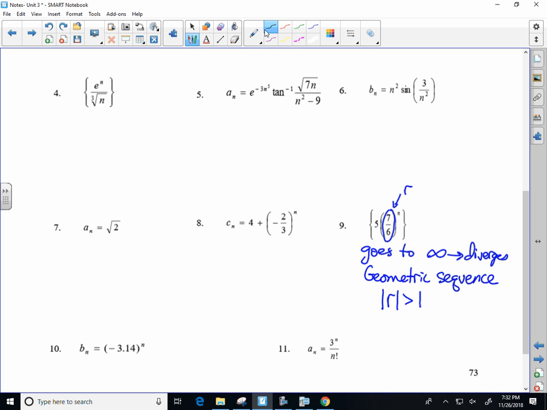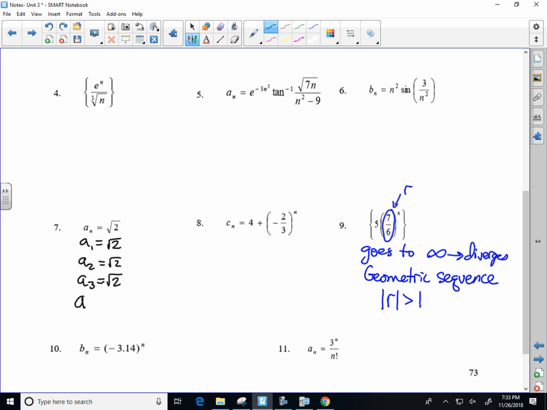All right, so that one follows a particular rule. Sometimes you have to list out a few terms in the sequence in order to get a sense of what's going on. Maybe you want to do that with number 7. So a sub 1 would be radical 2. A sub 2 would be radical 2. A sub 3 would be, you guessed it, radical 2. There's no n in there, which means no matter what term of the sequence I'm looking at, it's radical 2.